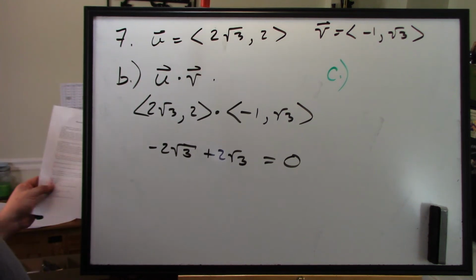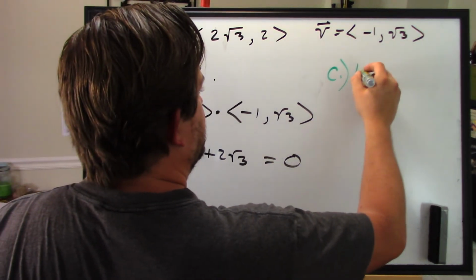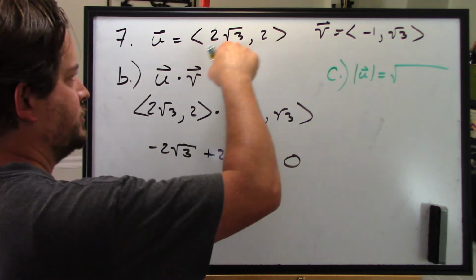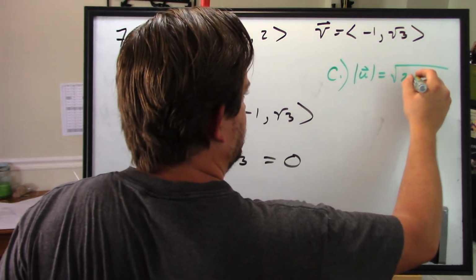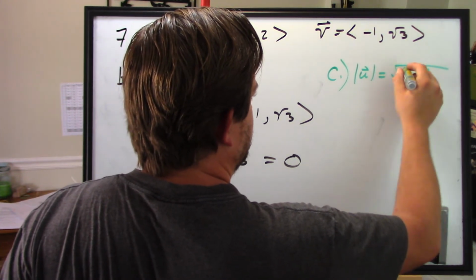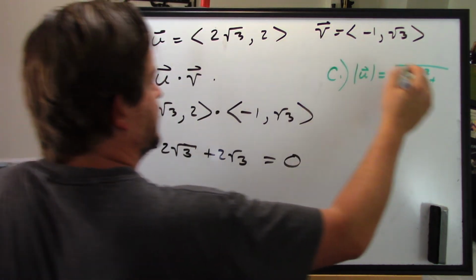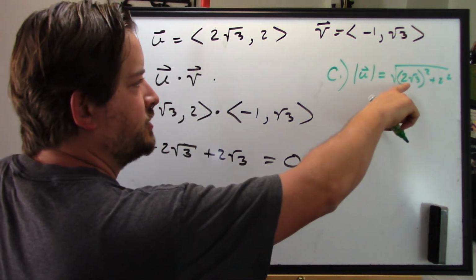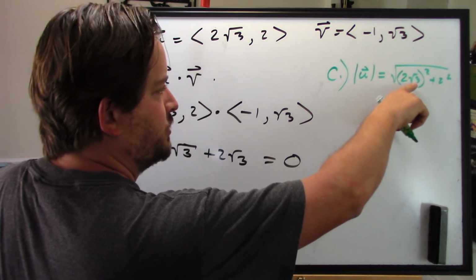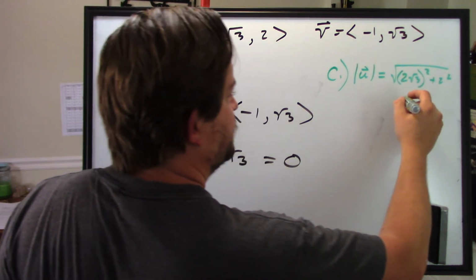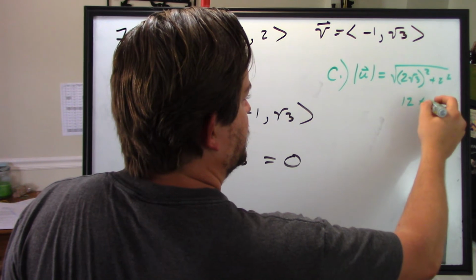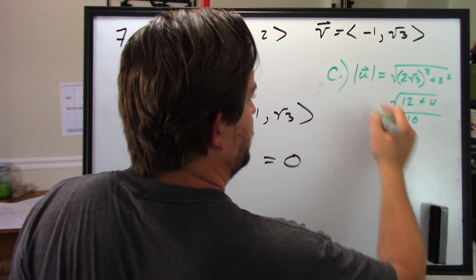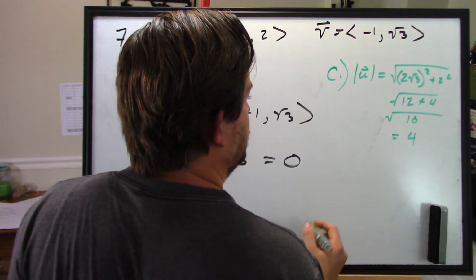C says find the magnitude of u and the magnitude of v. So magnitude of u is the square root of 2 root 3 squared plus 2 squared. So 2 root 3 squared, be careful with this, you're going to square the 2 to get a 4, you're going to square the root of 3 to get a 3, 4 times 3 is 12, 2 squared is 4, so that's the square root of 16, and so the magnitude of u is 4.